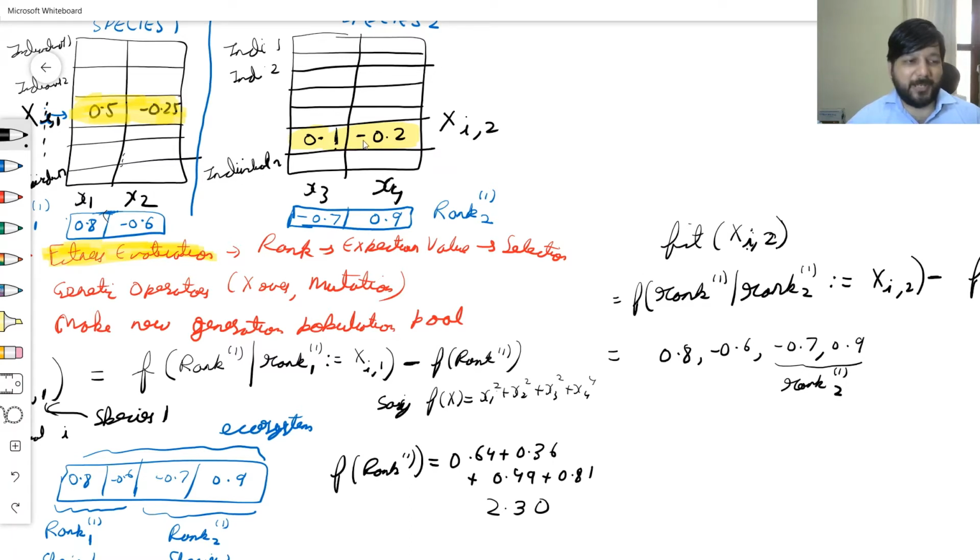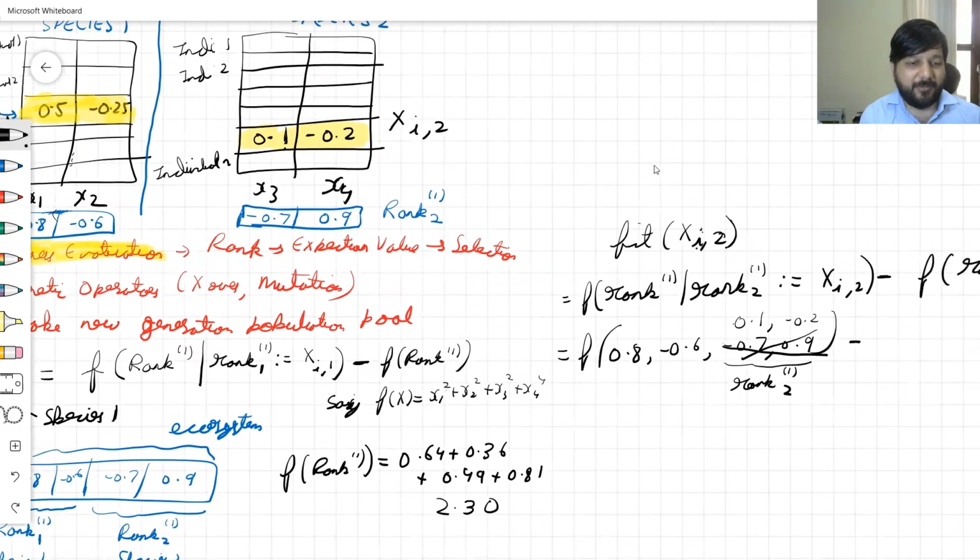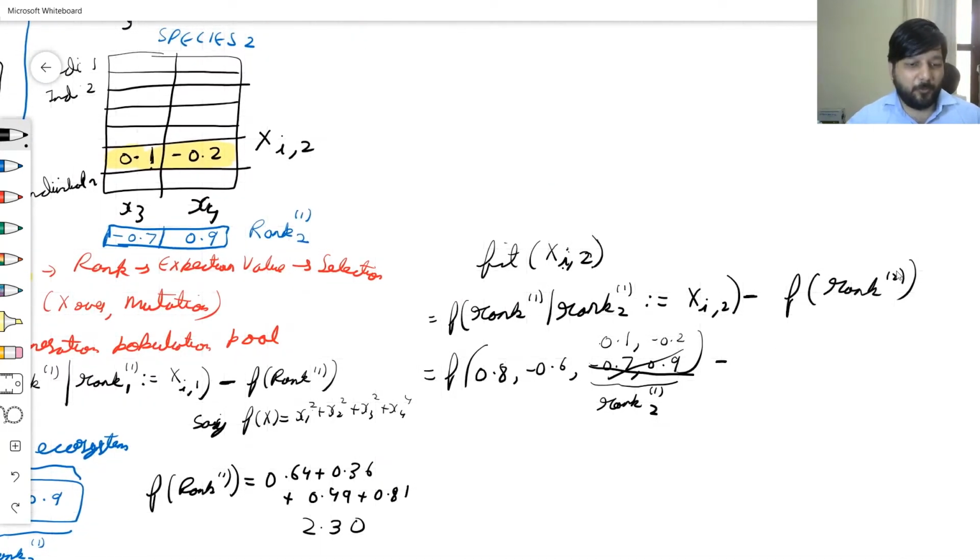This is replaced by 0.1, minus 0.2. Minus the fitness of rank 1. So this is f of 0.8, minus 0.6, minus 0.7 and 0.9. So of course this will be 64, 36.